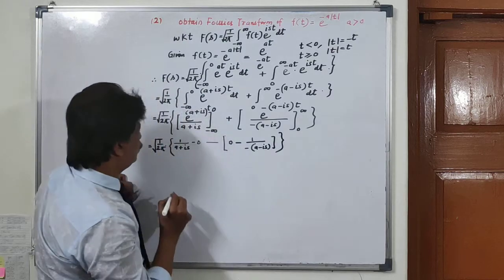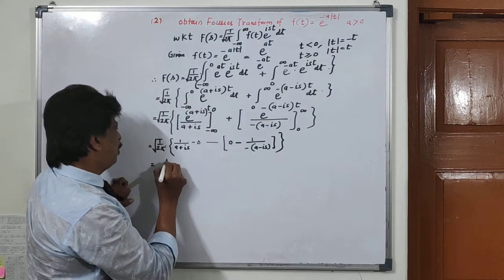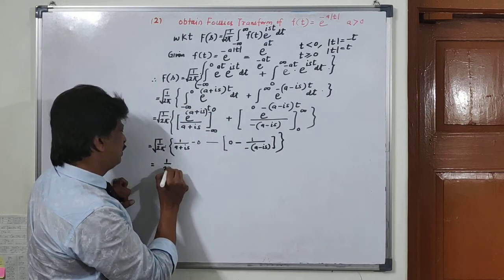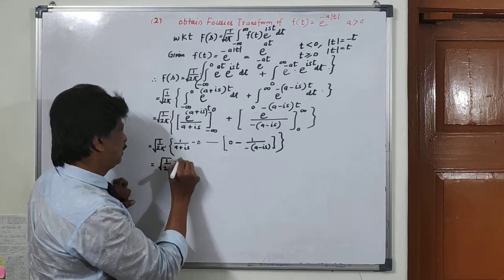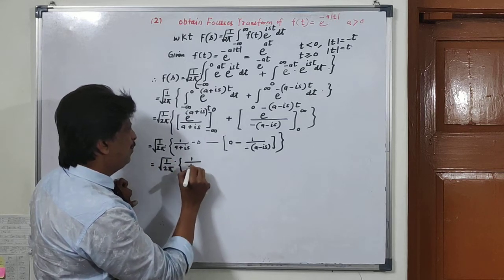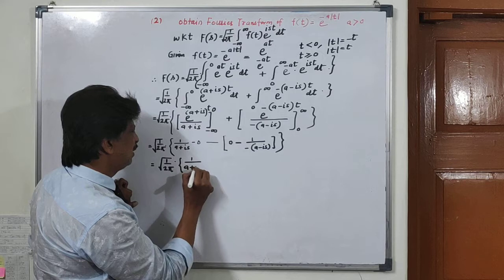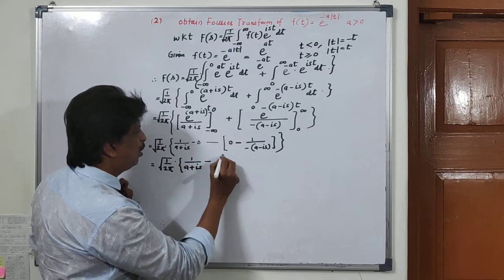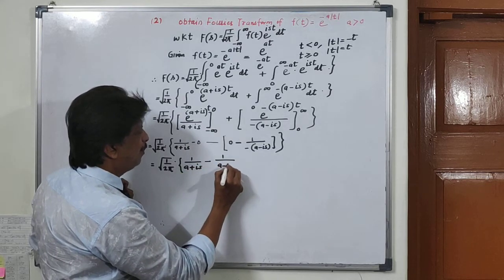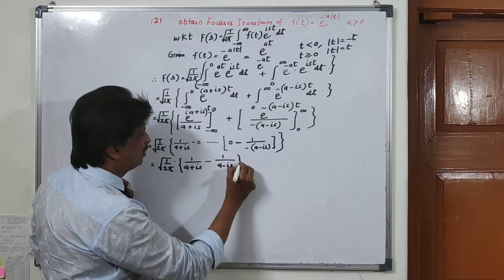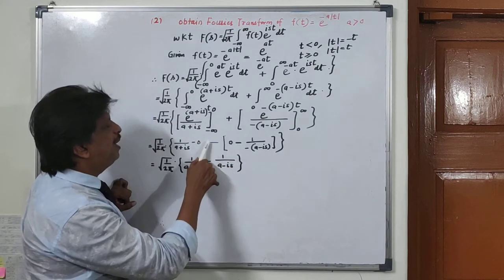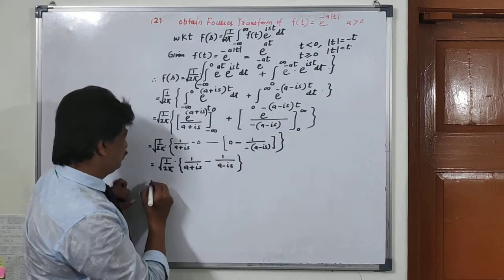So that is equal to root of 1 upon 2 pi times 1 upon a plus is minus 1 upon a minus is. There are three negative signs, so it is negative.